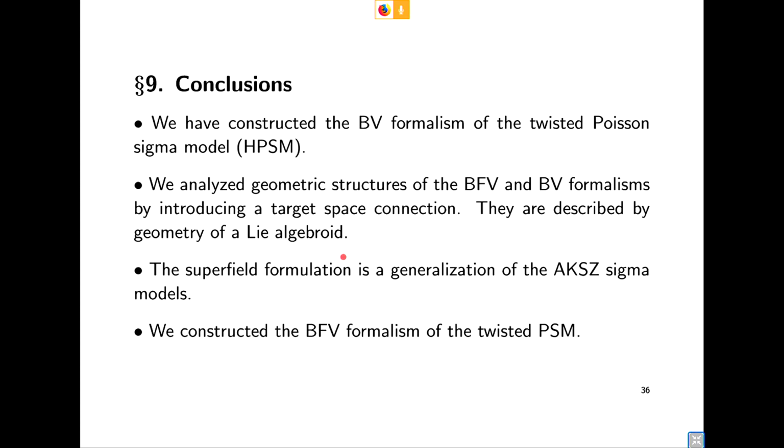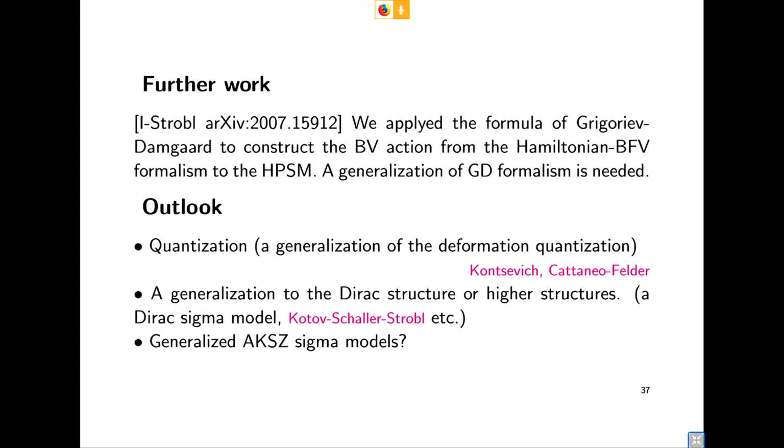They are described by the geometry of the Lie algebroid. And the superfield formulation is a kind of generalization of the AKSZ sigma models. We also constructed the BFV formalism of the twisted Poisson sigma model.